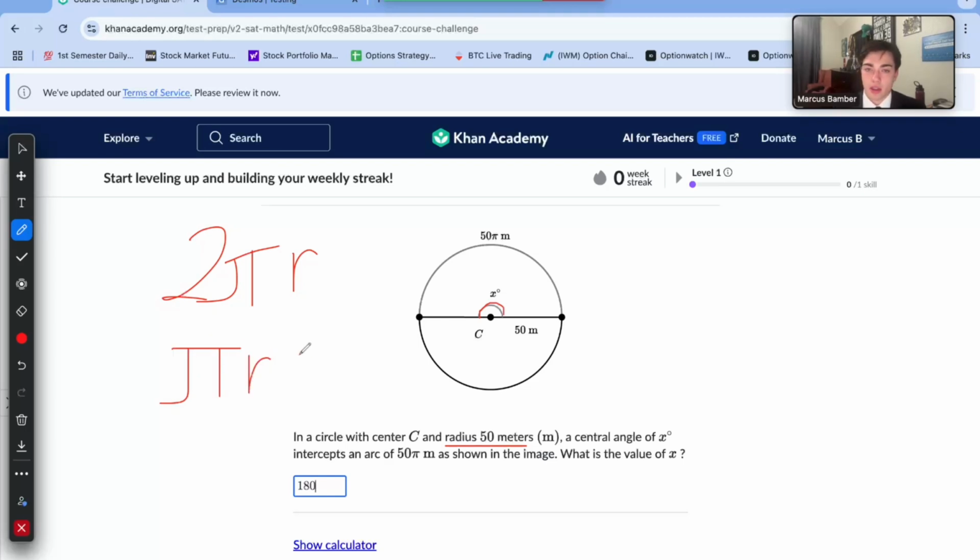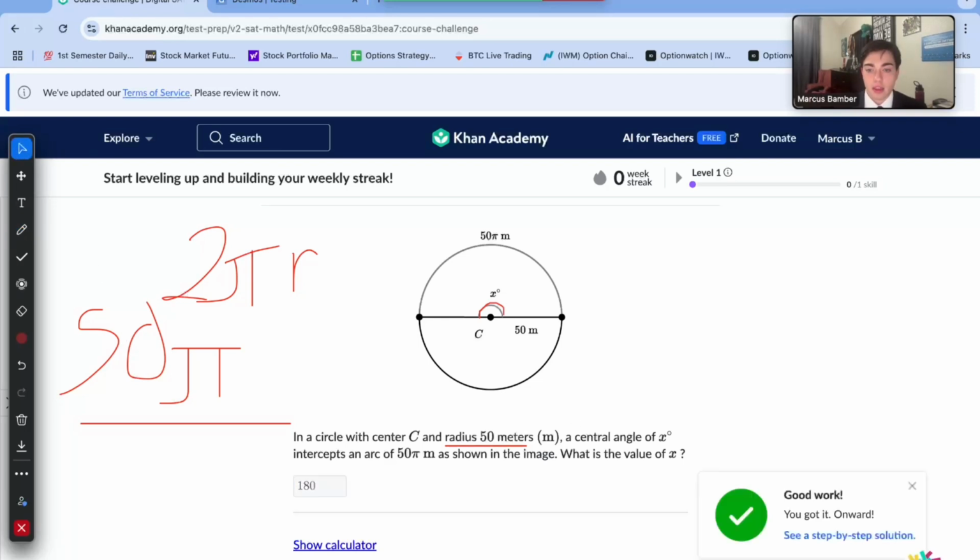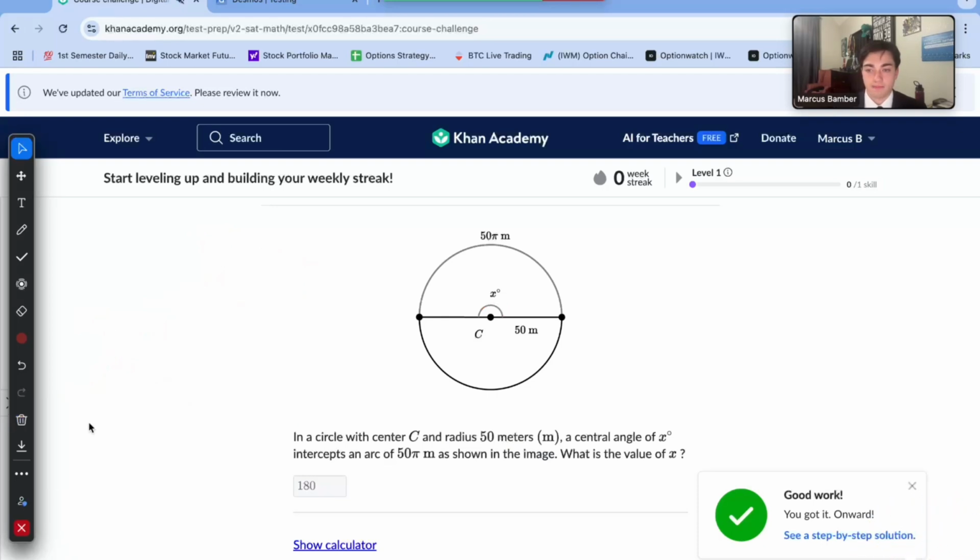We know that the radius is equal to 50. If we know that the radius is 50, we can simply replace the r with 50. And we're left that the arc measurement is 50 pi. So 180 degrees is indeed the correct answer here.